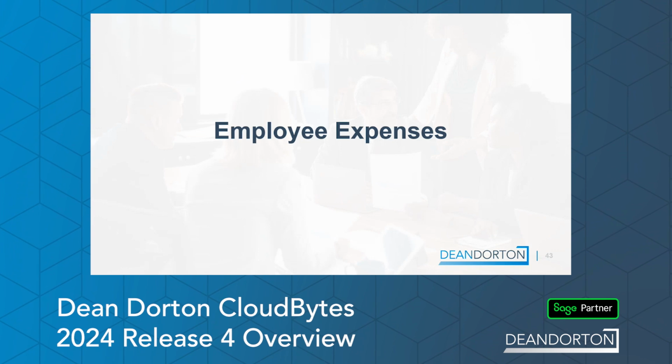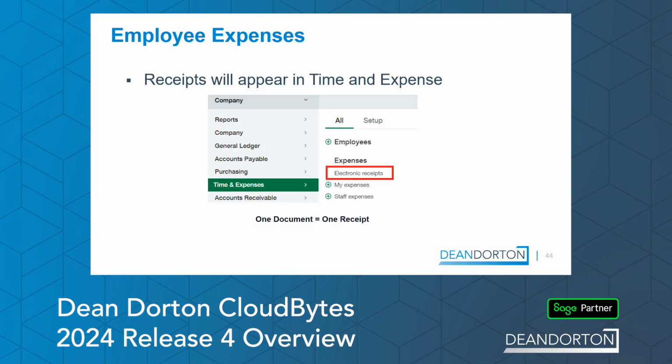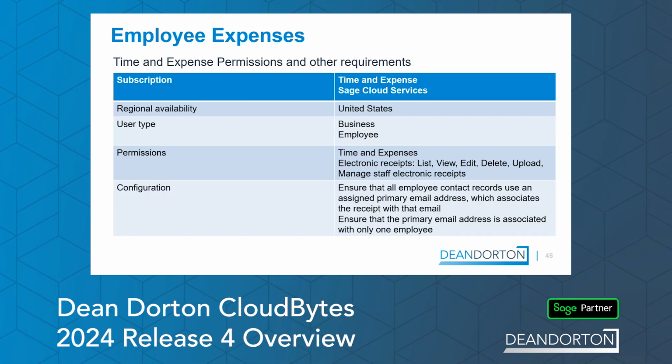Okay. Employee expenses. So this is another one that is a tad bit exciting. Employee expenses: scans, images, documents, receipts. You'll now have that capability inside of the Intacct solution if you have that subscription to the time or the expense module.